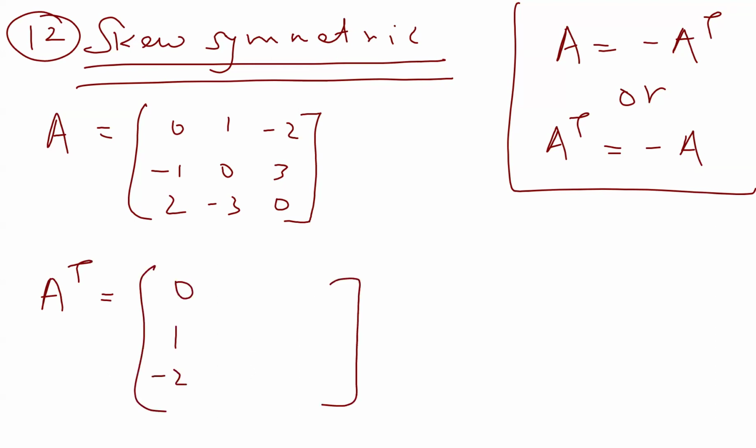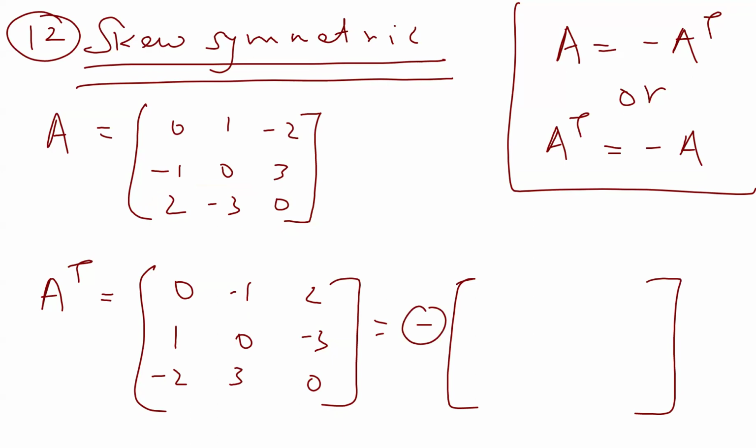First row will become first column, second row will become second column, third row will become third column. Now you guys tell me, are both same this time? Signs are different, correct. So from the entire matrix, I'll take minus sign common. Now this thing doesn't happen in a determinant. You cannot take one negative sign common from the entire determinant, okay? So I've taken negative sign common from the entire matrix.